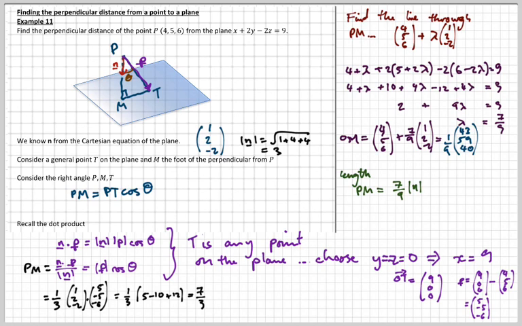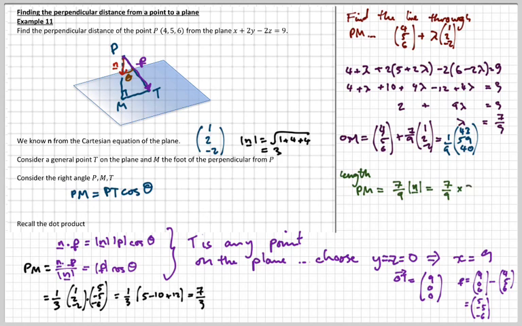So to get from O to M, we've gone to P, 4, 5, 6, and then we add 7 ninths of 1, 2, minus 2. To get from P to M, we're just doing 7 ninths of the vector n. So the length P to M is 7 ninths of the length of the vector n. And we know the length of the vector n, it's 3.